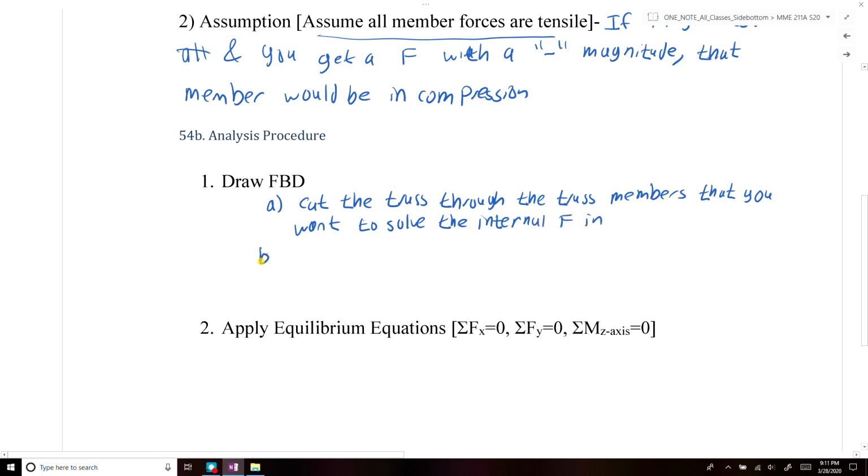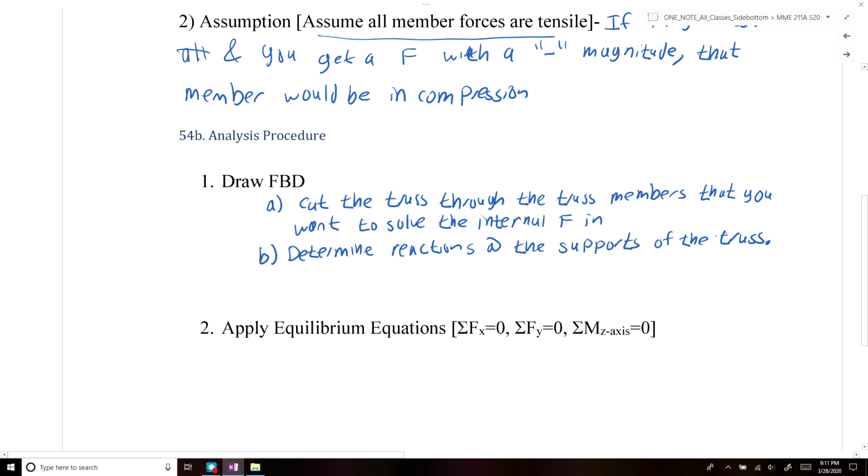All right. The second thing that you would want to do is determine the reactions at the supports of the truss. Those will typically be pin or roller joints.